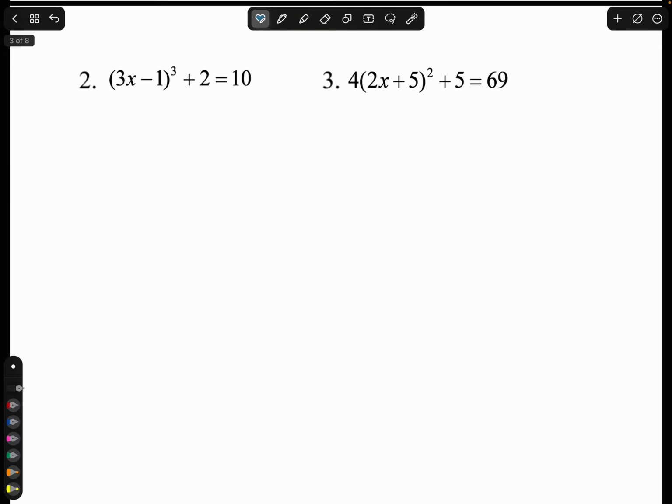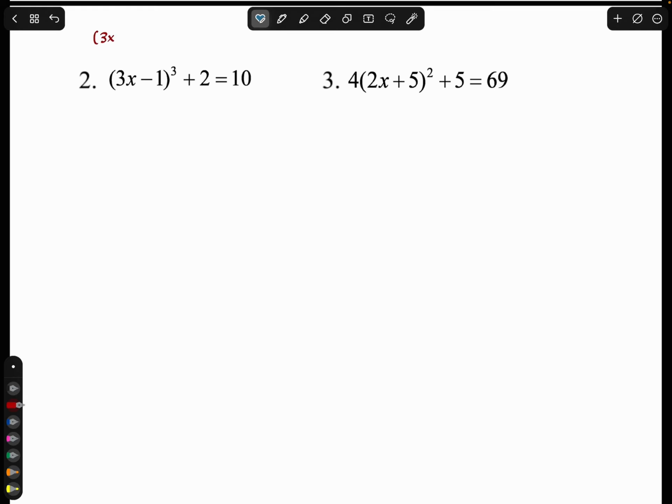Let's move on. Our second set of problems, we have number 2: the quantity of 3x minus 1 to the third power plus 2 is equal to 10. So for this one, let's take that second approach like we did on the first problem where we just undid it backwards.